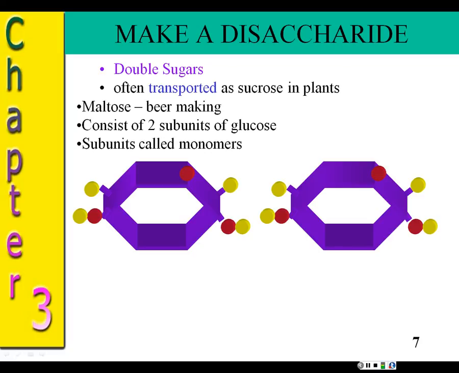Hydroxyl group and a hydrogen. We form what kind of bond? Glycosidic bond, which is a covalent bond, and the glycosidic bond is characteristic of all carbohydrates. Every last one of the carbohydrates will have a what? Glycosidic bond. The nickname for it is oxygen bridge.